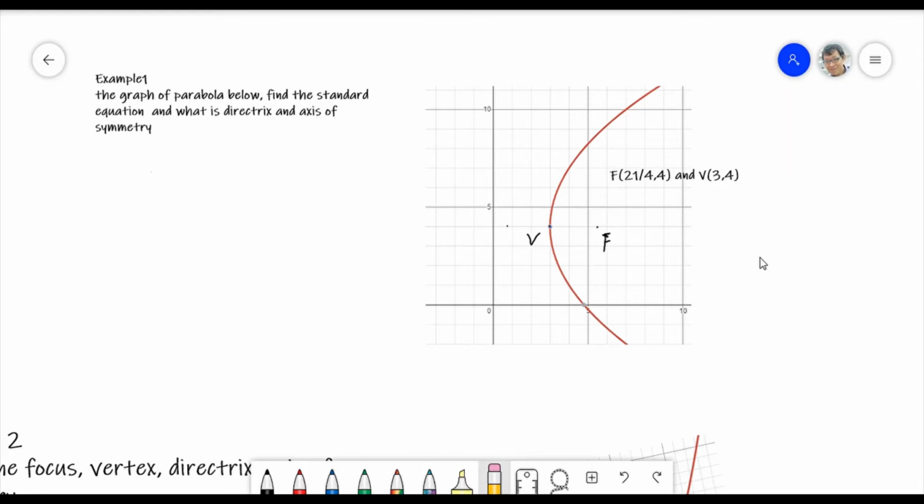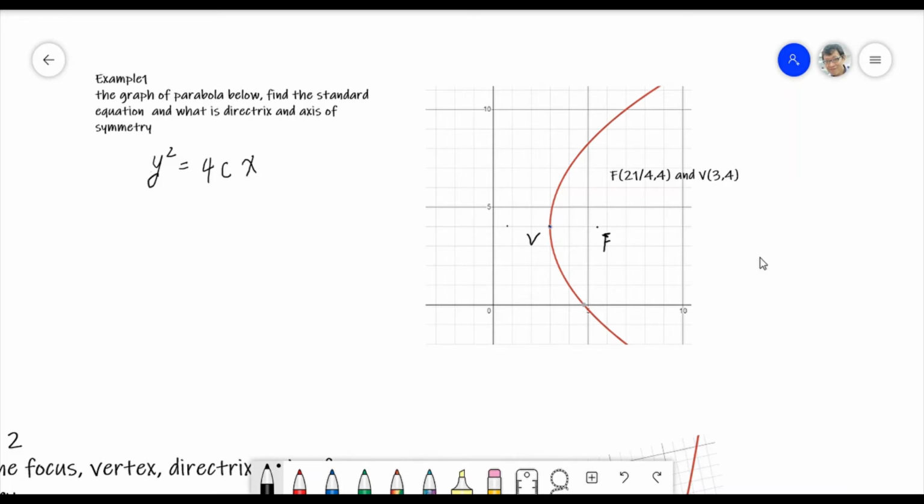For this one, let's first write the general standard equation. Since this parabola is turning to the right side, the form will be y squared equals 4cx, and 4c should be positive because the parabola is facing right.